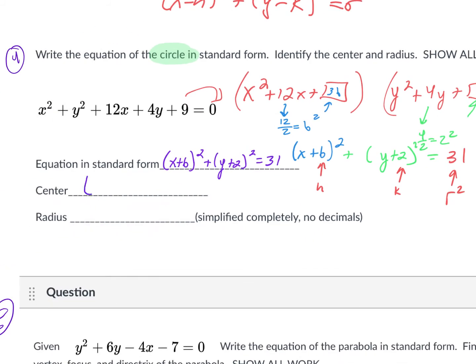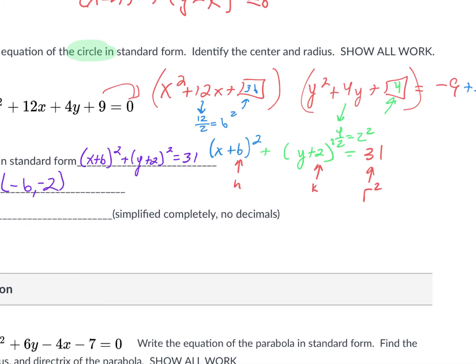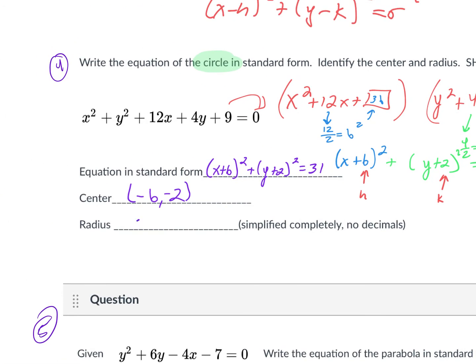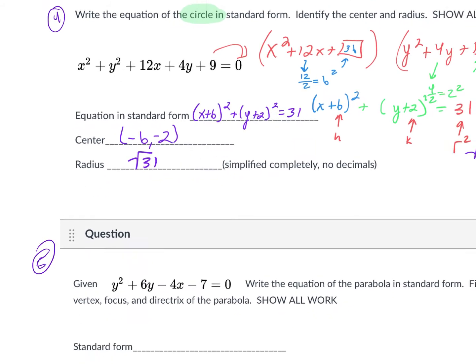So my center is at what? Perfect. Negative 6 and negative 2. What's my radius? Radius squared equals 31. So you take the square root. It doesn't break down to anything, so it's just the square root of 31. Good.